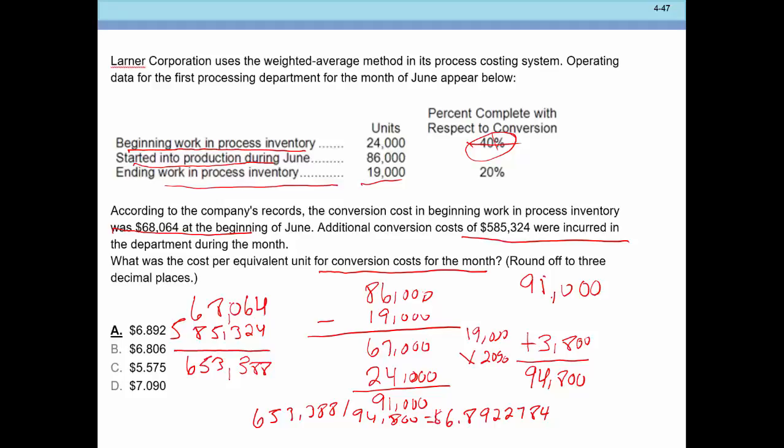Is that what they call an irrational number? Right? But there it is. But clearly the right answer is the 6.892. Right? With me so far?